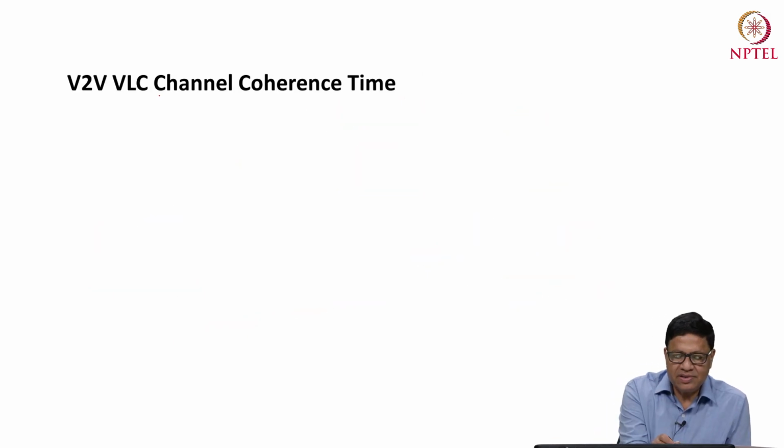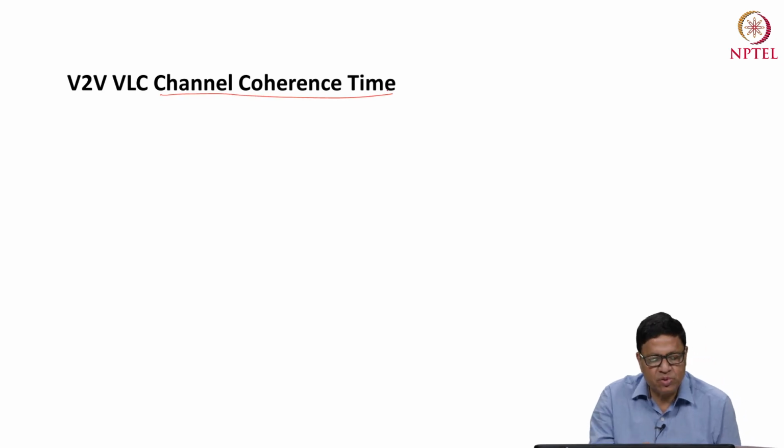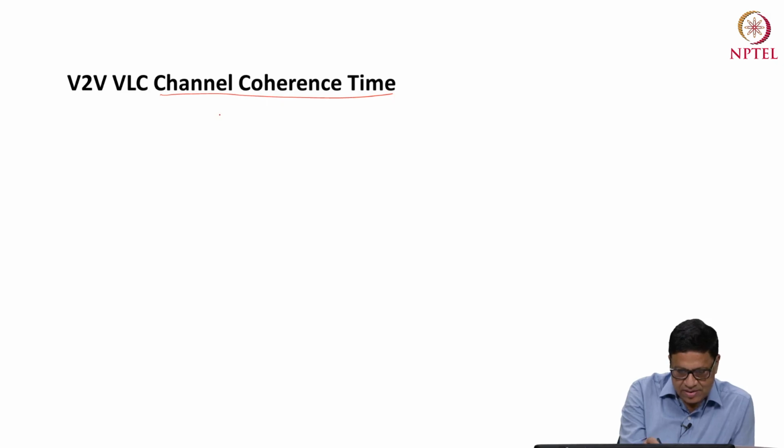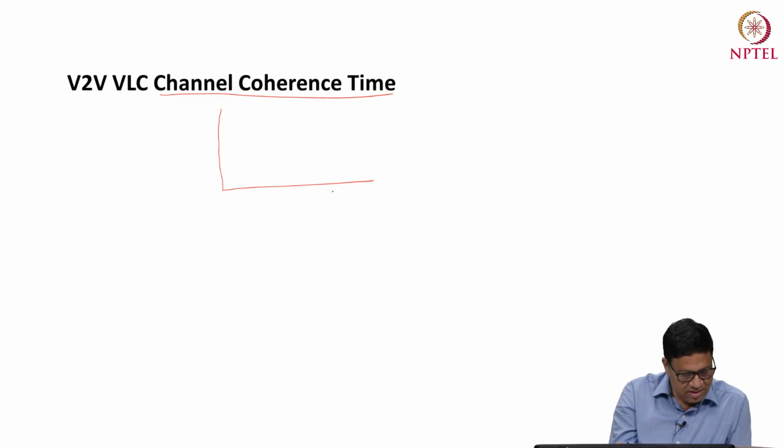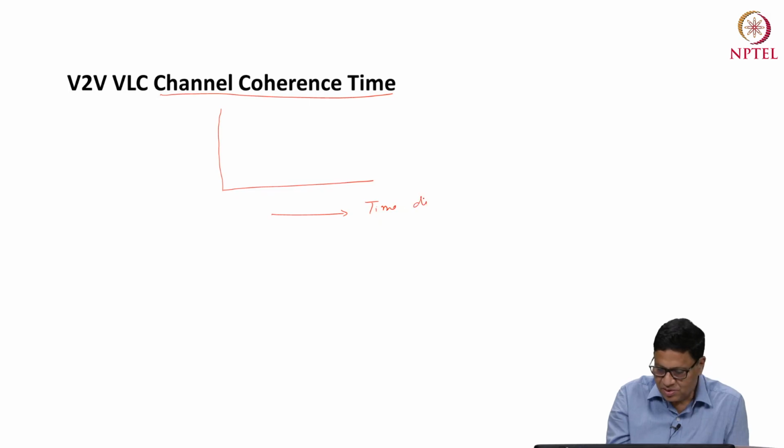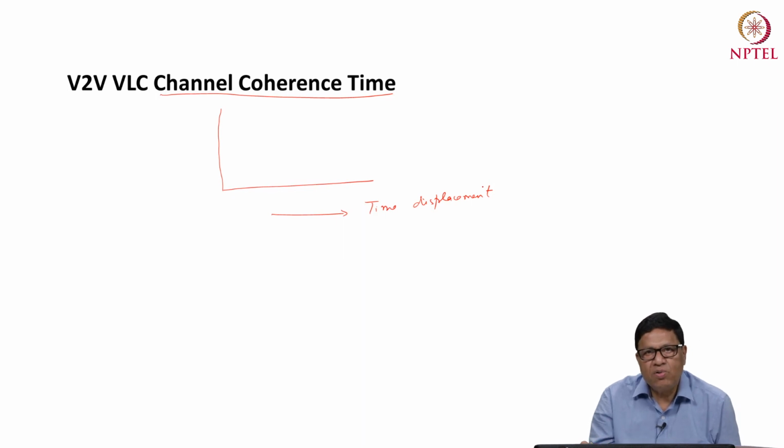And if I see the coherence time, the V2V VLC channel coherence time, let me first plot a curve between, say, this is the coherence time or the time displacement. So this basically tells you how long the channel is constant, what is the duration in which the channel characteristics are the same.